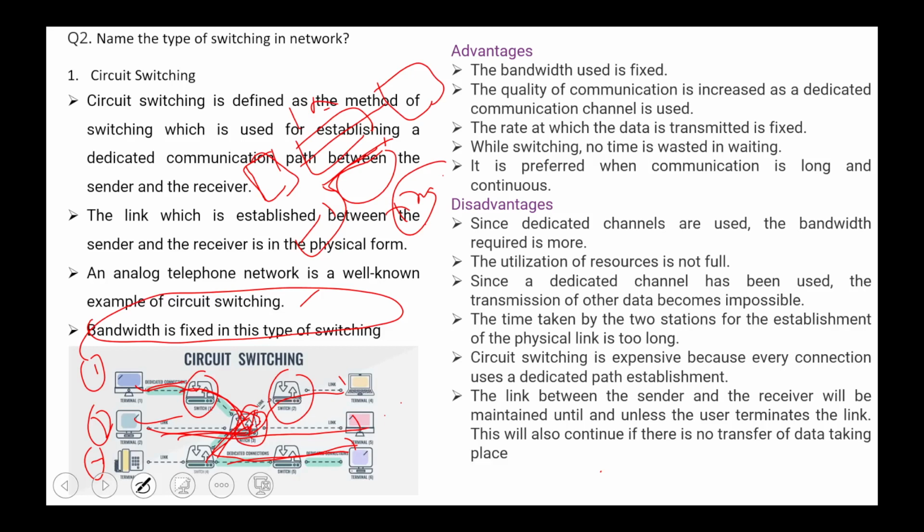So this is the advantage, and maybe the disadvantage, of circuit switching. Advantage: the bandwidth is fixed, the quality of communication is increased, and the rate at which data is transmitted is fixed, so we cannot change the data while switching. No time is wasted in waiting, because we allocate a particular time for a particular bandwidth for one user only. It is preferred when communication is long and continuous.